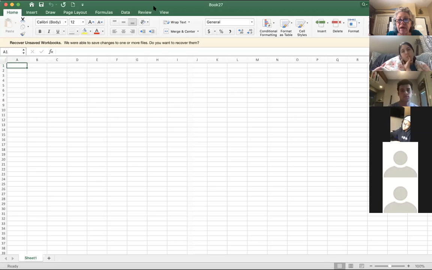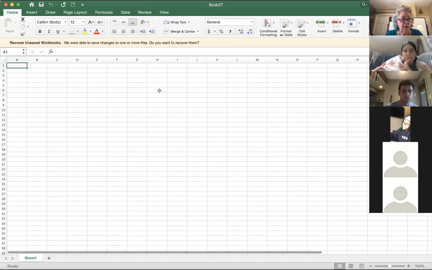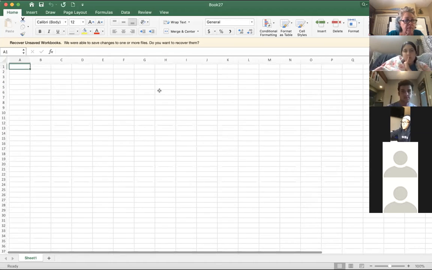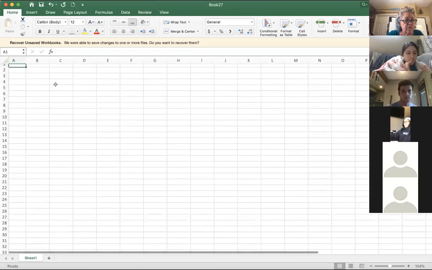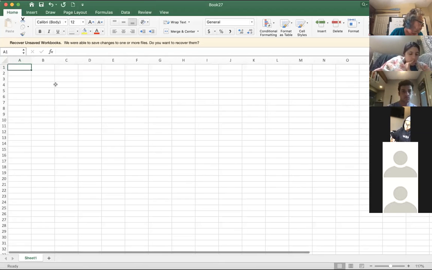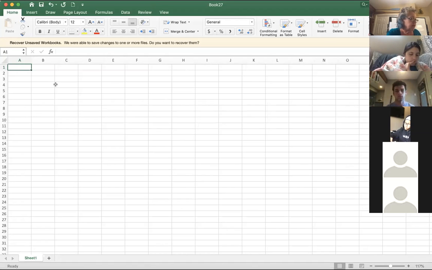Can y'all see the Excel file? Yes. Okay, cool. Now, exercise 11-10 has given us just a comparative balance sheet. It hasn't given us the comparative balance sheet and the income statement, which we're going to progress to. But it gave us information from the income statement that we need to use.